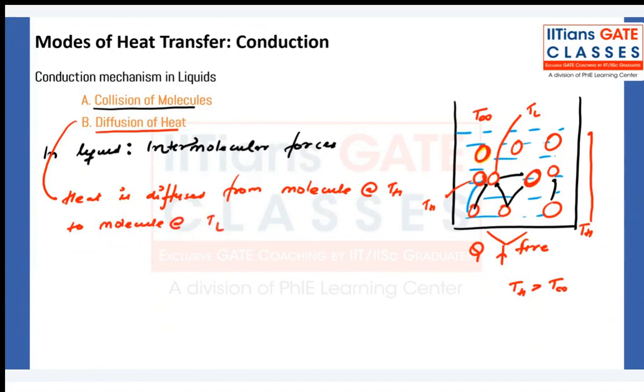So now in liquids there are two phenomena. What? Collision of molecules and diffusion of heat. Because of this, heat transfer takes place. Is it clear? Tell me very quickly, is it clear?